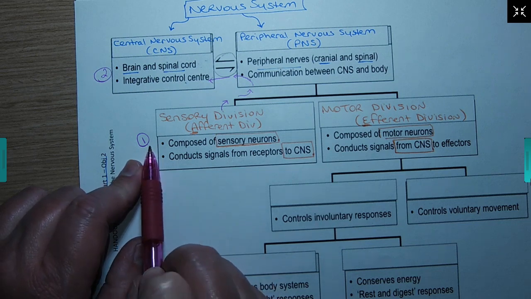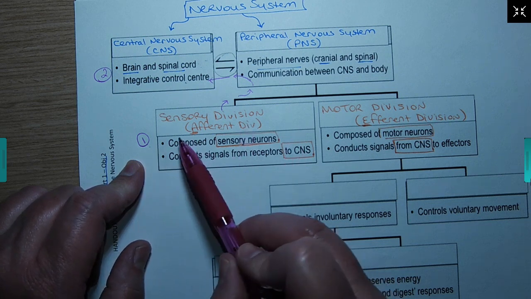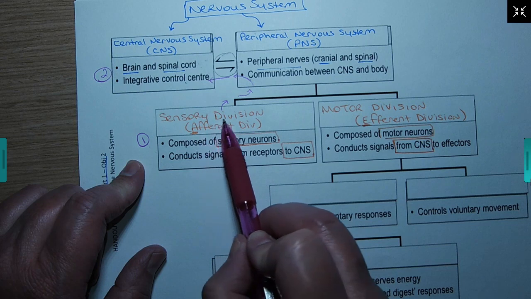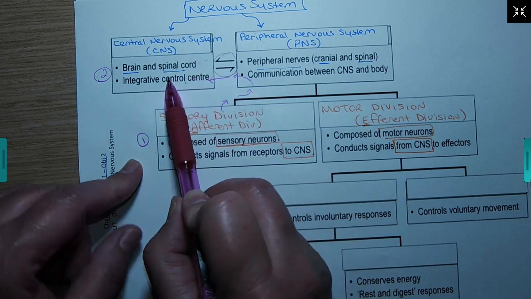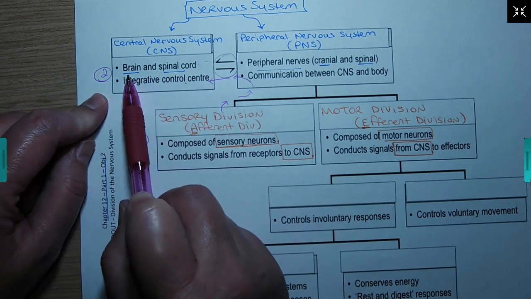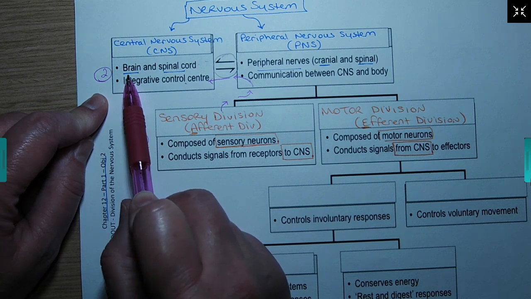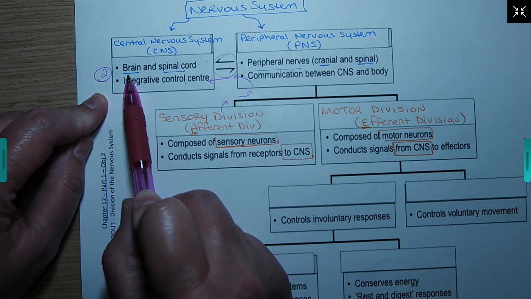So if body temperature is too high, those receptors are going to be detected in the skin. That's going to send, by way of sensory neurons, to the central nervous system, and the brain is going to obtain that information. Now it has it, and it says, oh, the sensory division is telling me that the temperature of the skin is too hot.